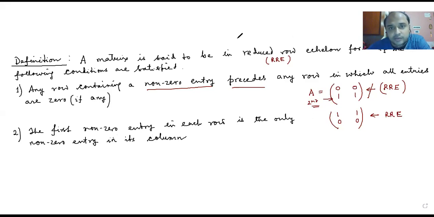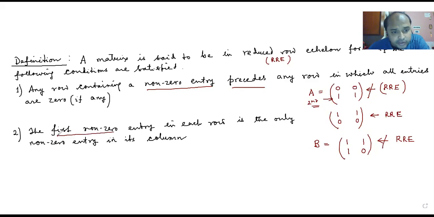So let's try to understand what they mean by that. Let us consider a matrix B, and I'm writing it in this way. This is not RRE form. Why is it not in RRE form?